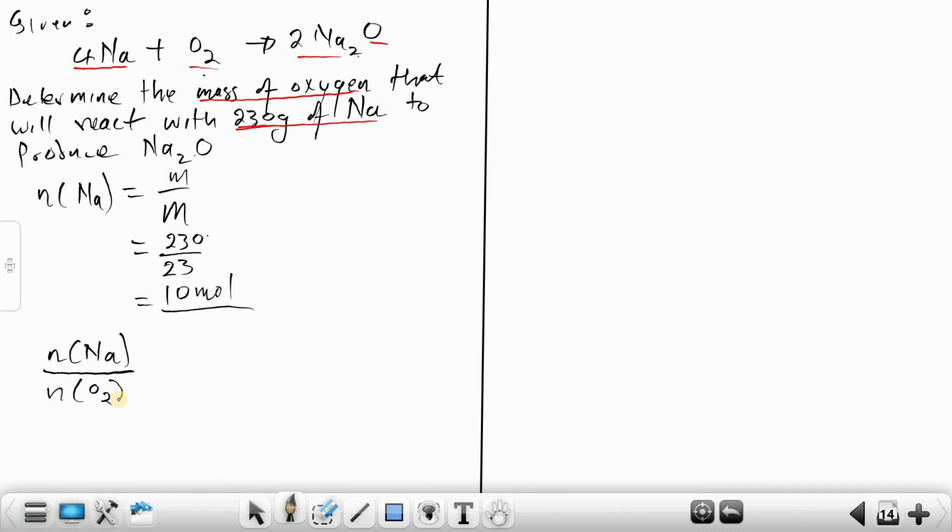So I am relating the number of moles of the given with the number of moles of the unknown. So this becomes now equals to, what is the coefficient in front of sodium? 4. What is the coefficient in front of oxygen? Just over 1. So where did I take 4 over 1? It's the molar ratio from the balanced chemical equation.